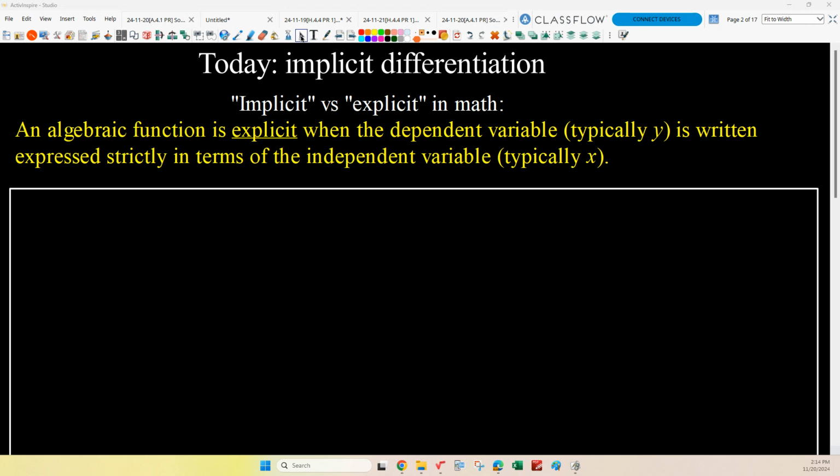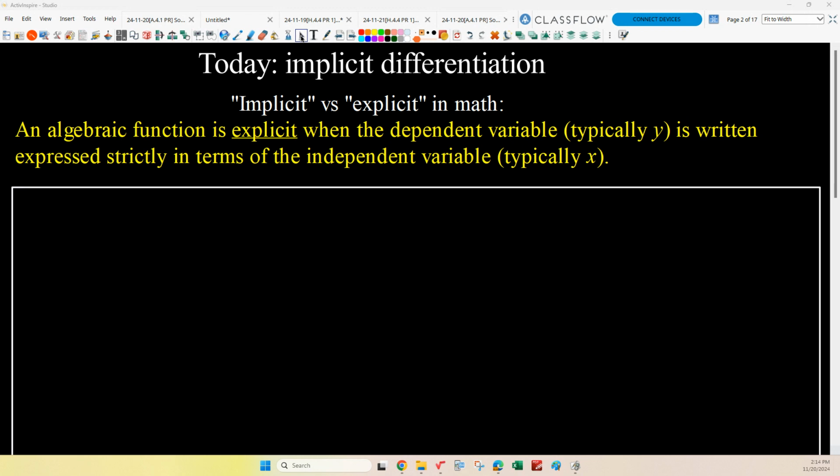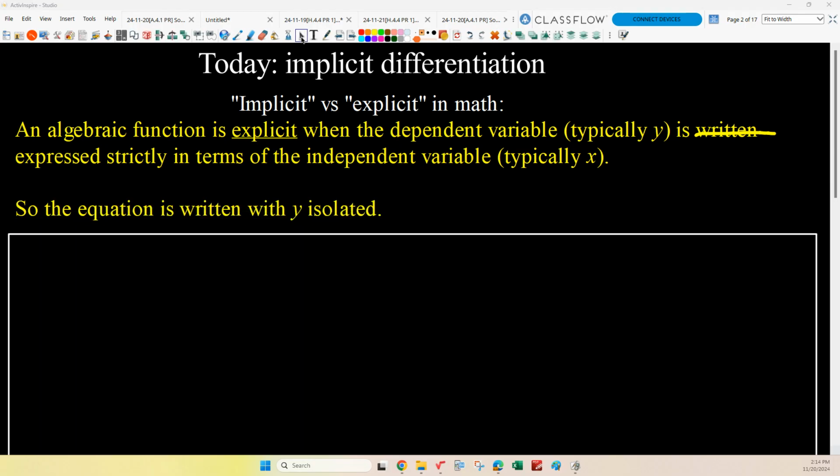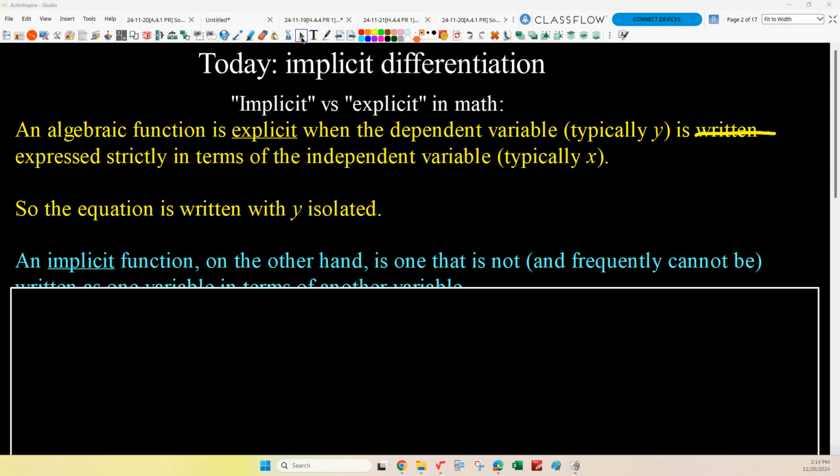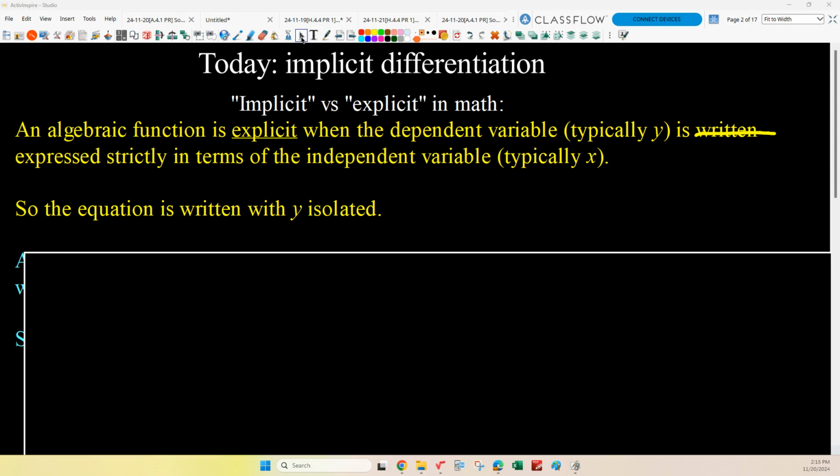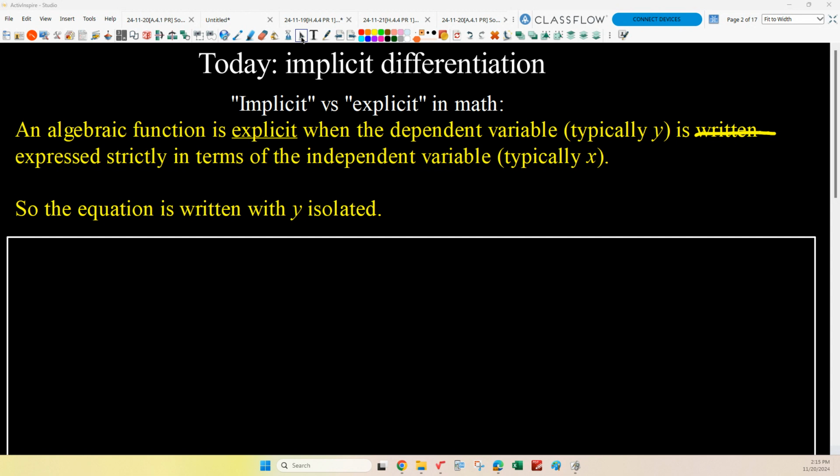An algebraic function is explicit when the dependent variable, typically y, is expressed strictly in terms of the independent variable, typically x. Everything we've done has been that way, every single example. The equation is written with y isolated from the very beginning.